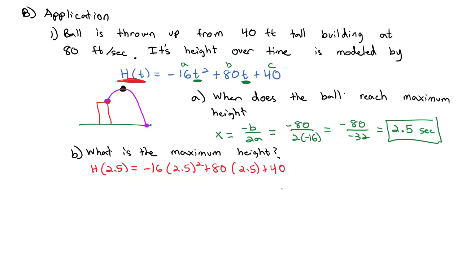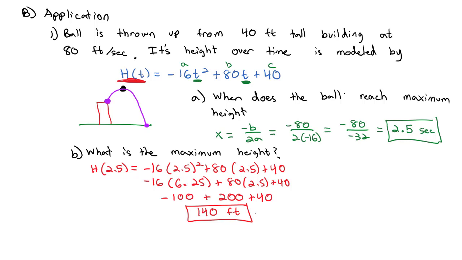You could put the whole thing in your calculator if you wanted, but I'm just going to work through it step by step. 2.5 squared is 6.25, plus 80 times 2.5, plus 40. Negative 16 times 6.25 is negative 100, plus 80 times 2.5 is 200, plus 40, which gives us 140 feet. So now I know that after 2.5 seconds, the ball is 140 feet in the air.